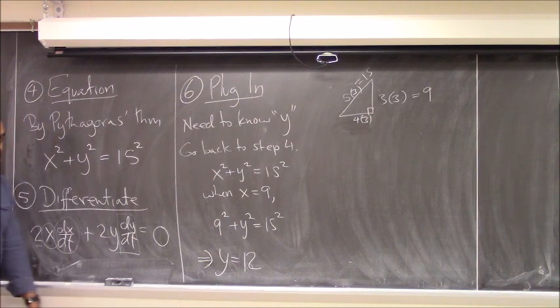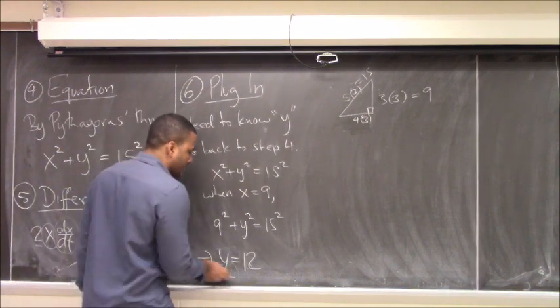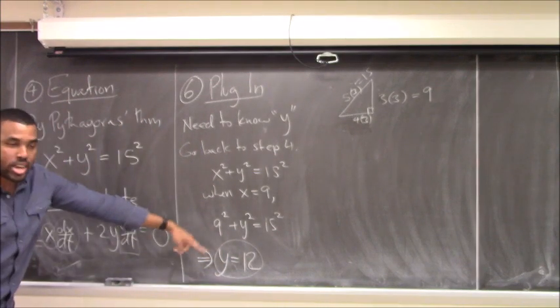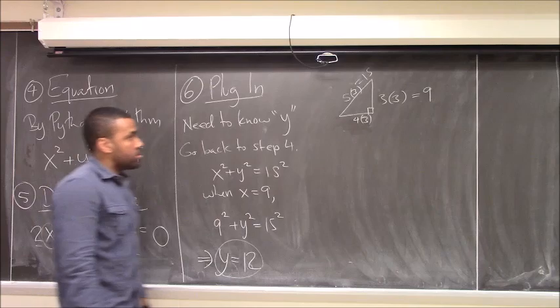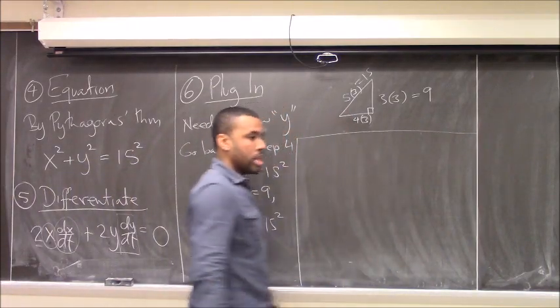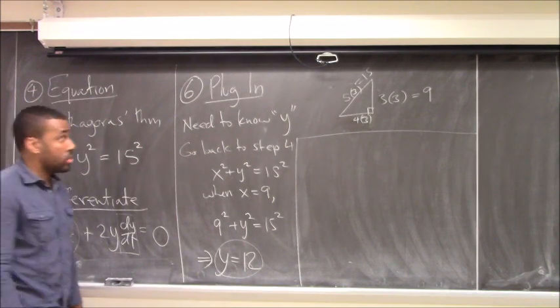So you could actually know that without going through the calculations. However you do it, from solving this equation for y, you'll get y equals 12. So things like a 3, 4, 5 triangle are sometimes a shortcut. You can see the answer right away without going through all the calculations.